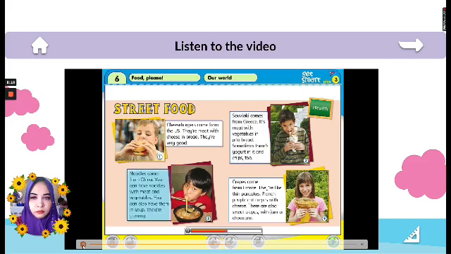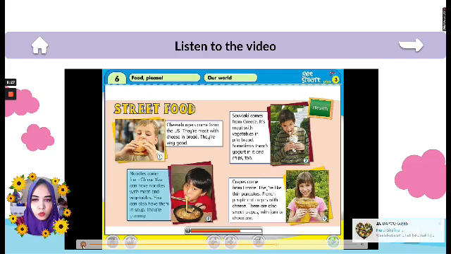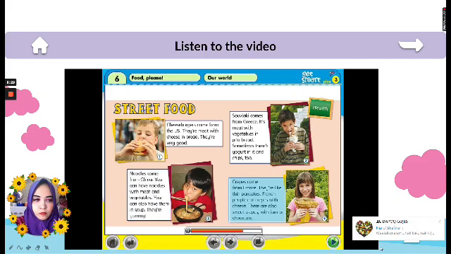Noodles come from China. You can have noodles with meat and vegetables. You can also have them in soup. They're yummy. Crepes come from France. They're like thin pancakes. French people eat crepes with cheese. There are also sweet crepes with jam or chocolate.